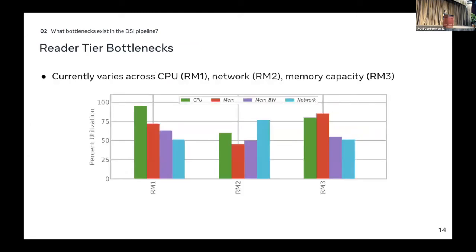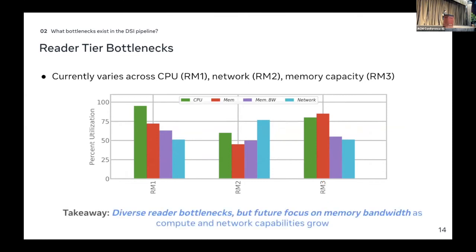Okay, first let's look at the reader tier. So what I'm showing here is the resource utilization at each reader worker running for each of our models. So you can see that RM1 is bound on CPU utilization, RM2 is constrained on network utilization, and RM3 is constrained on memory capacity. And so the takeaway here is that we have a lot of diverse bottlenecks.